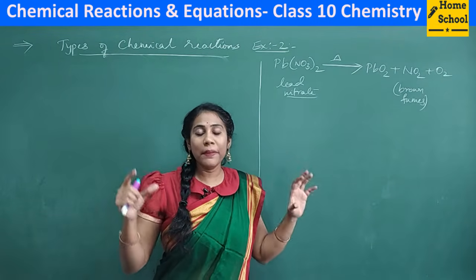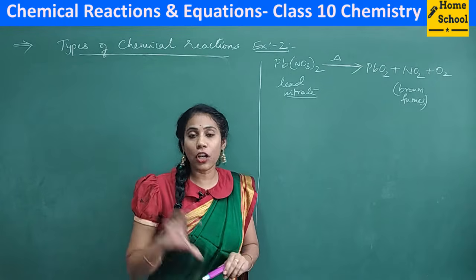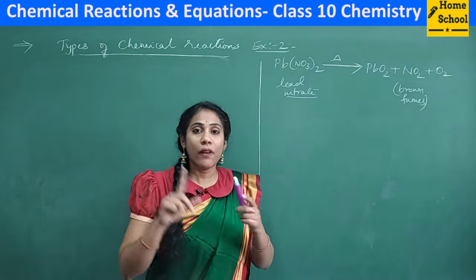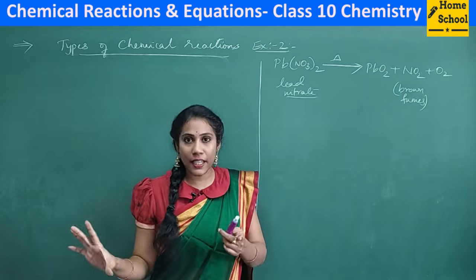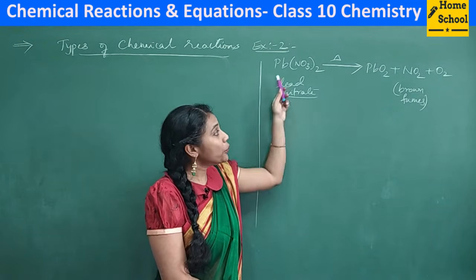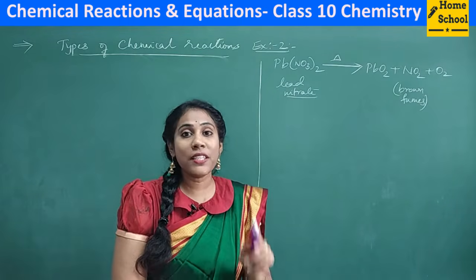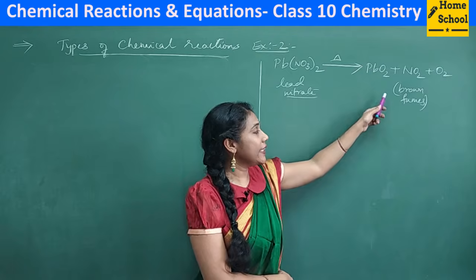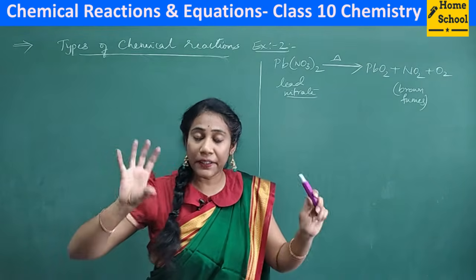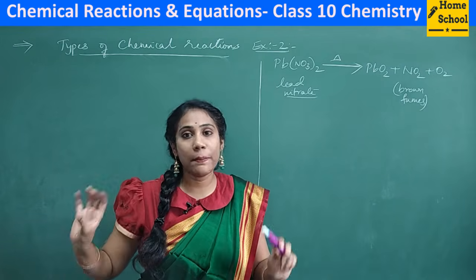So you must remember the 2 examples under thermal decomposition. Very important conceptual questions can be asked. One is the decomposition of ferrous sulfate. The other one is the decomposition of lead nitrate. Both undergo decomposition on heating. So here you must remember what products you are getting, what is the color of the product, and everything is important. They can be asked as MCQ or 1 mark questions.